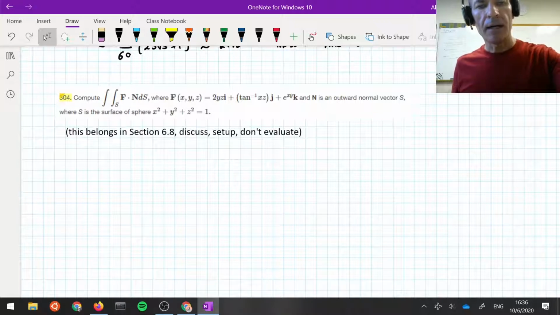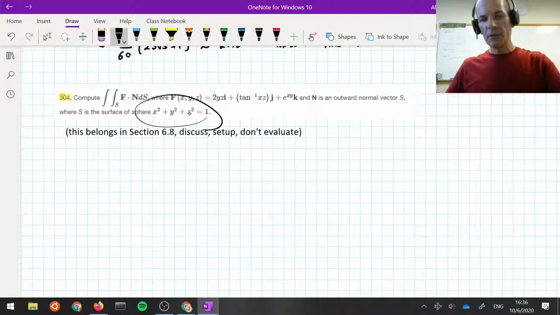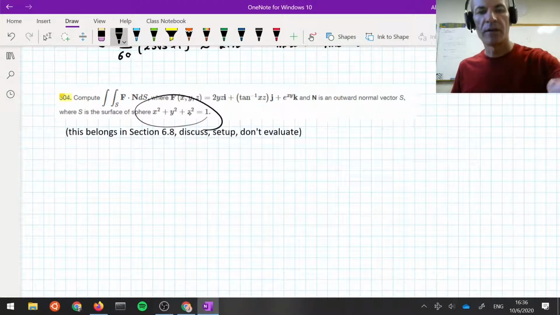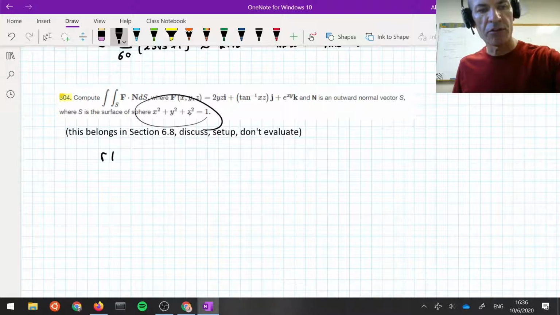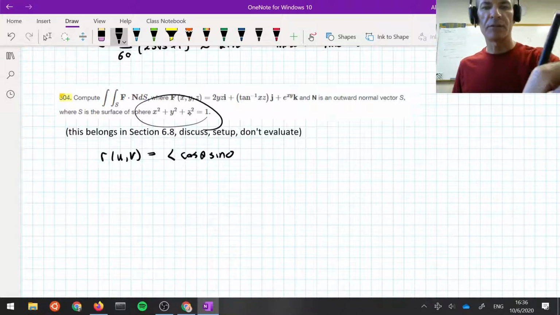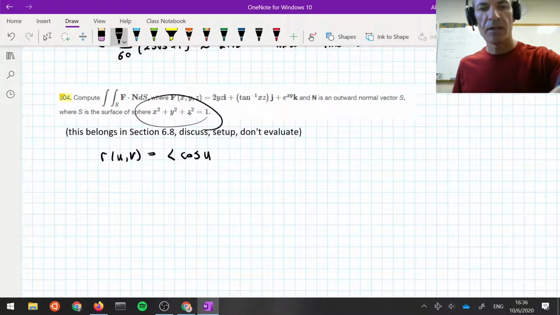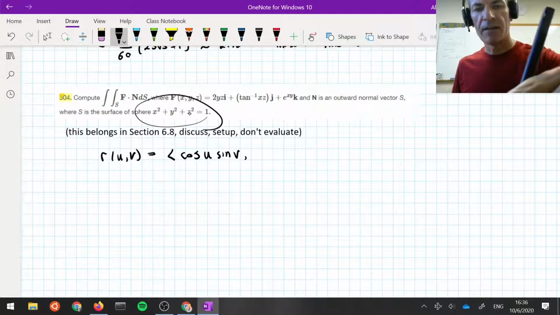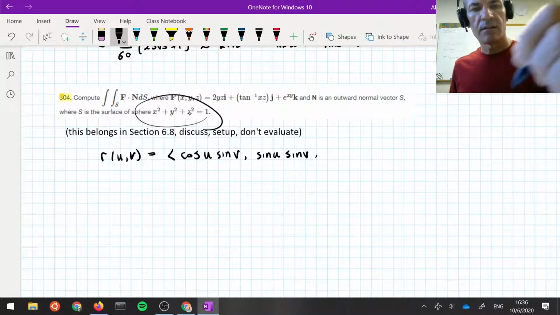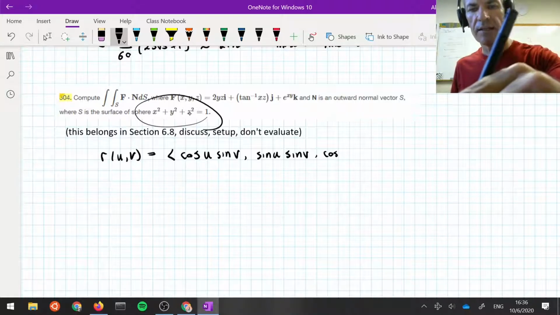All right, how do we parameterize a sphere? You guessed it, we're going to use spherical coordinates, and rho is going to be the constant function 1. So a parameterization of this surface in u and v is going to be cosine u sine v, sine u sine v, and last not least cosine v.